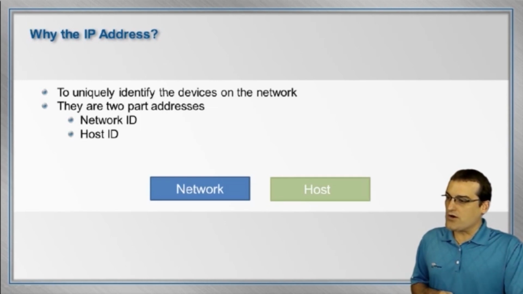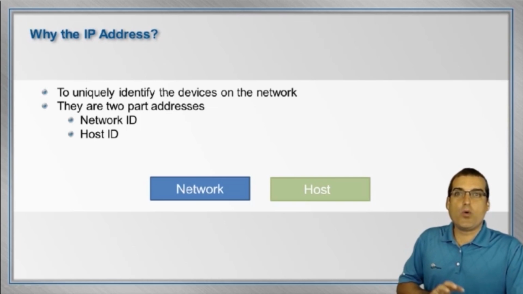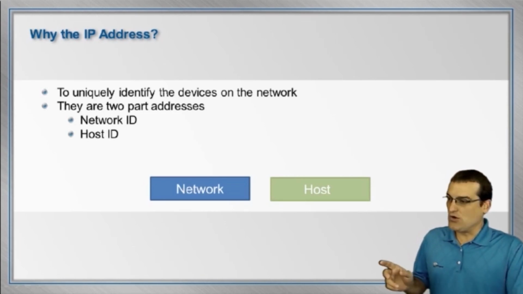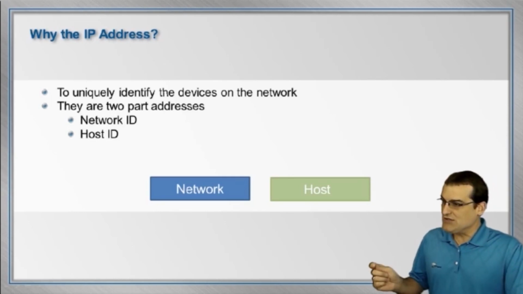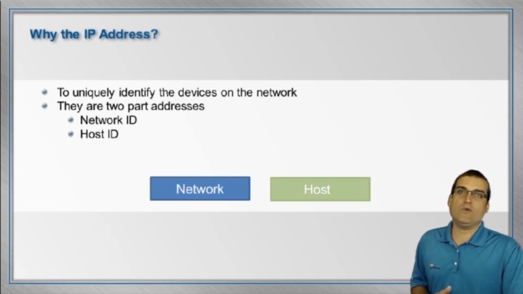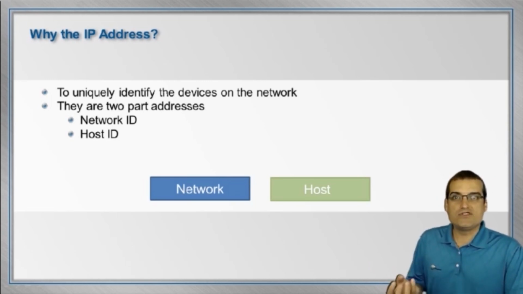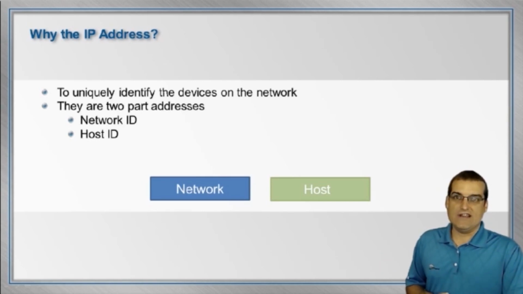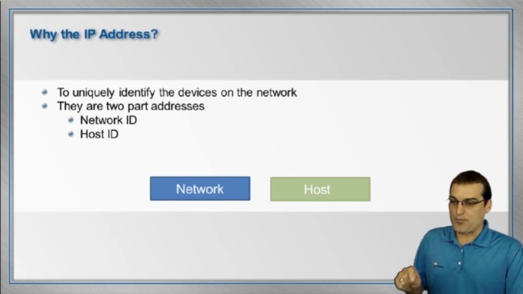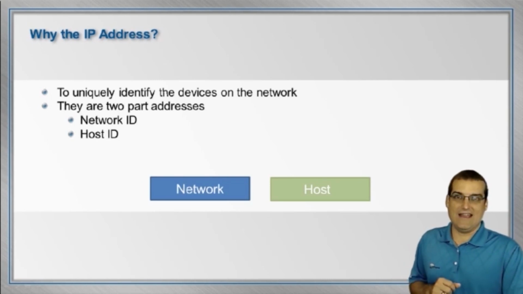But what we mean by hierarchical is they are in sections. Each portion of the address represents something. So when you look here and you see the IPv4 address, you see that a portion represents the network that we live on, that our host machine is plugged into, and then we have a host portion. The host portion of the address identifies a particular workstation on that network.